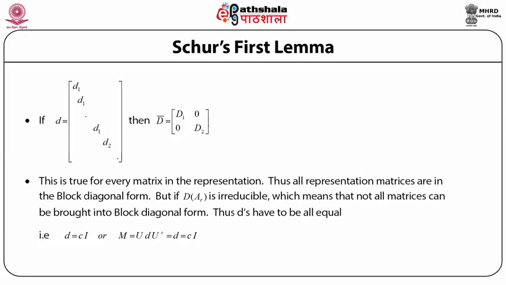Which means that the matrix M is equal to U D U dagger, and a diagonal matrix D being a unit matrix commutes with all matrices. Therefore, this is equal to D, which is equal to CI. And therefore, this matrix D is a unit matrix.